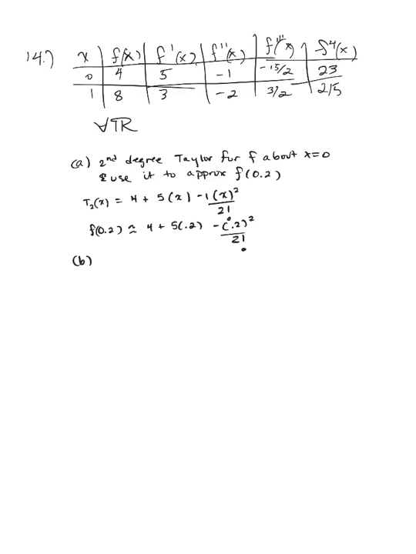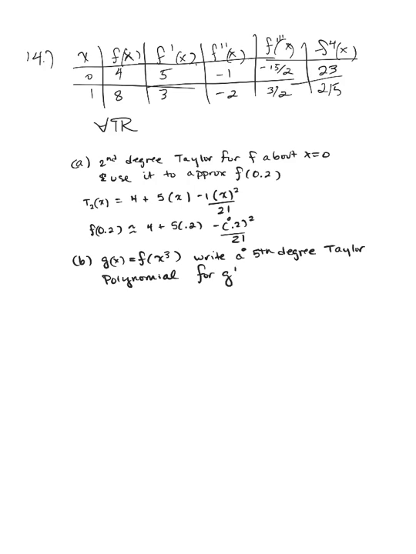So question B tells us that g of x, some other function g of x, is f of x cubed. And they want us to write a 5th degree Taylor polynomial for g prime.